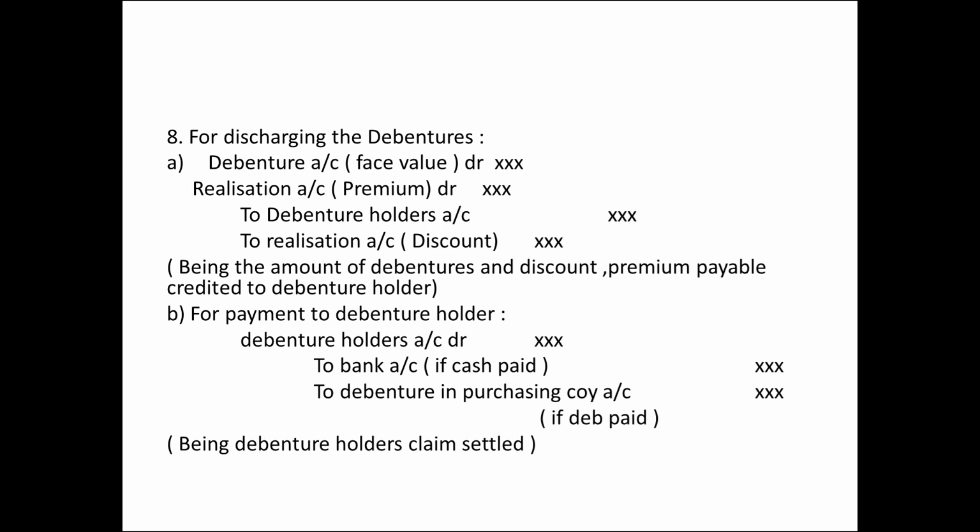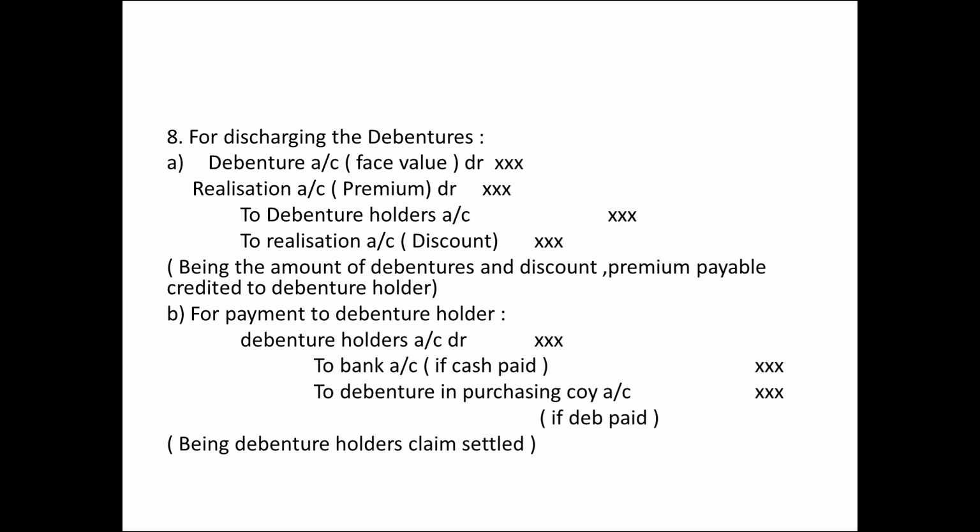The other way, the debenture holders can also be paid debentures from the purchasing company, right? If the debenture holders are settled by giving new debentures from the purchasing company, then your entry will be debenture holders account debit to debentures in purchasing company. So what you have to see is what situation arises or is given in your sum.